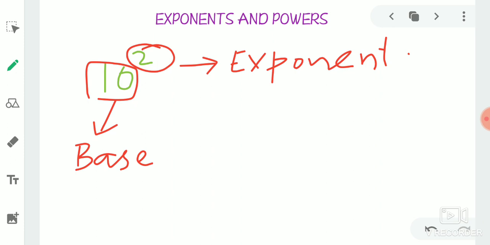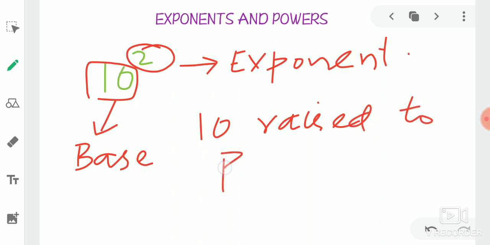And this was pronounced as 10 raised to power 2. Okay, but in this class we will deal with a new thing.